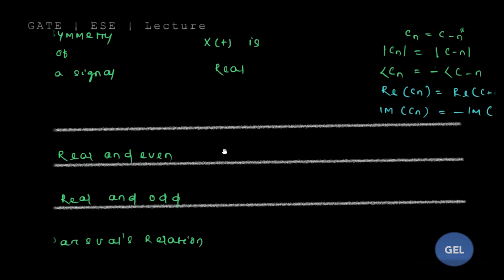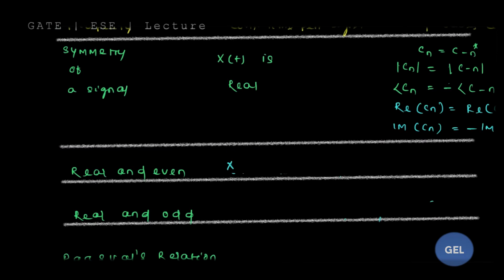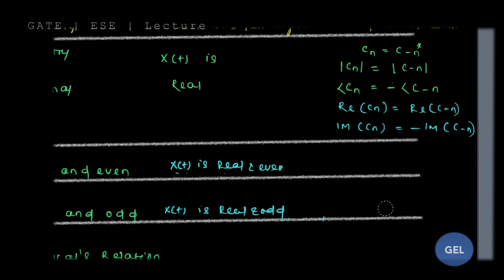If your x of t is real and even, then Cn are real and even. Now let me ask, what would be the Cn if your x of t is real and odd?